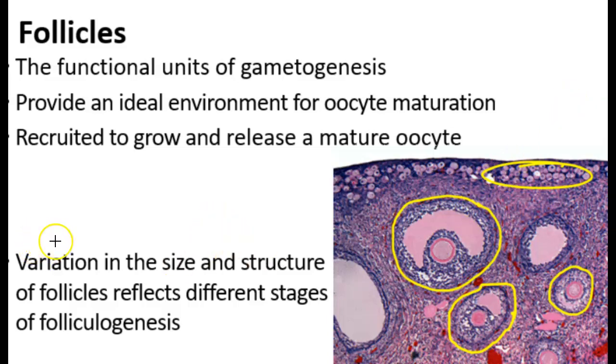So the variation in the size and structure of these different types of follicles, because they obviously look different, and there's lots of them, reflects different stages of the follicle's growth. So we're going to talk about how follicles change over time and why that's important for oocyte development.